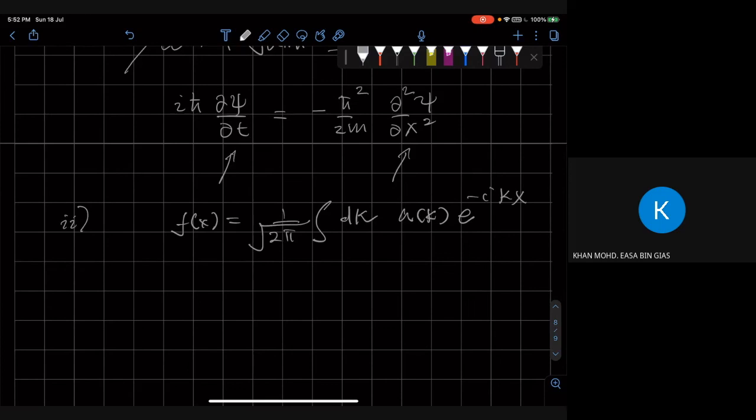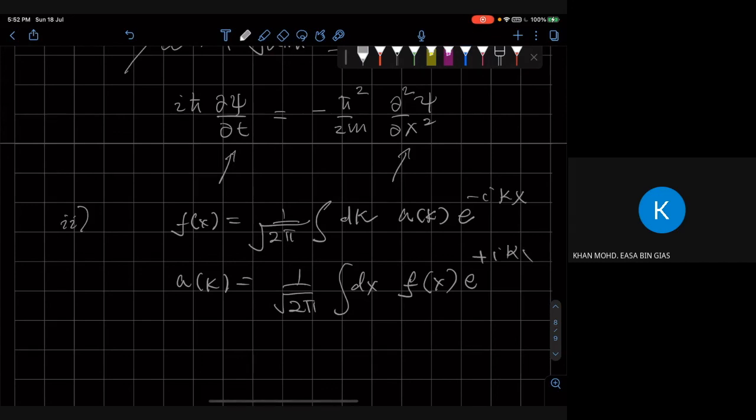So here I'm going to encourage you to go back and look at the notes from Quantum 1 Plus. Okay. And then A of k is 1 over square root of 2 pi, integral dx of f of x e to the power plus i kx.